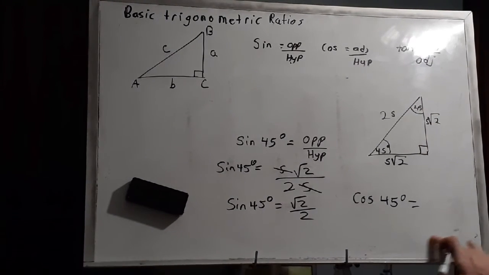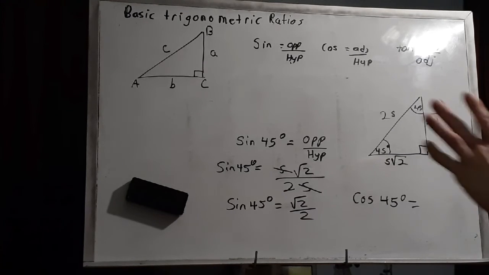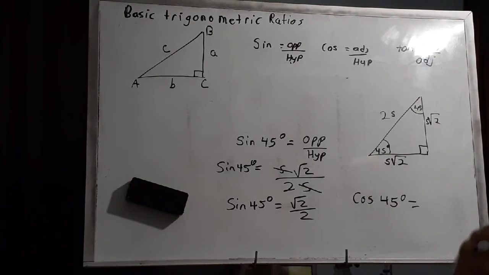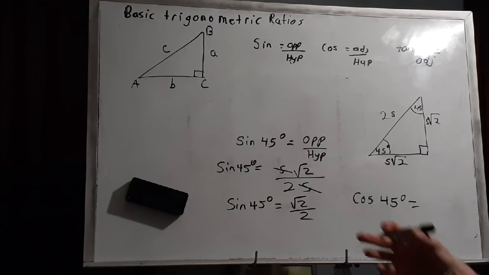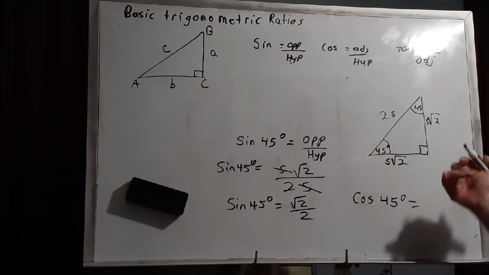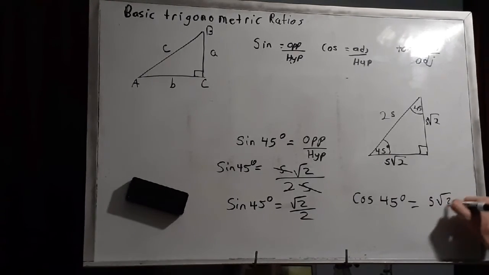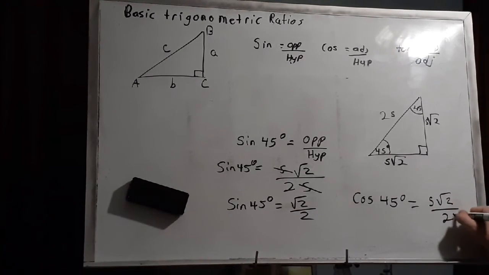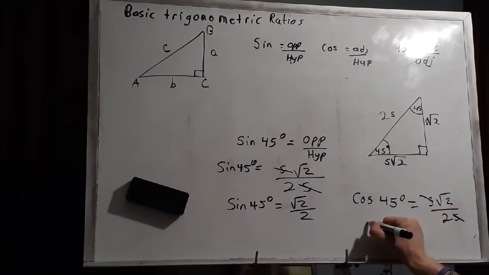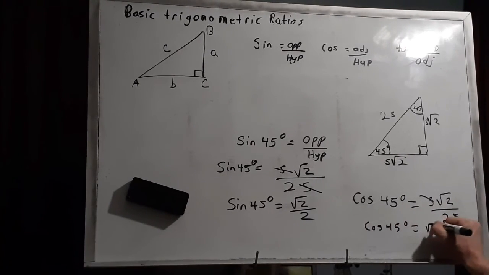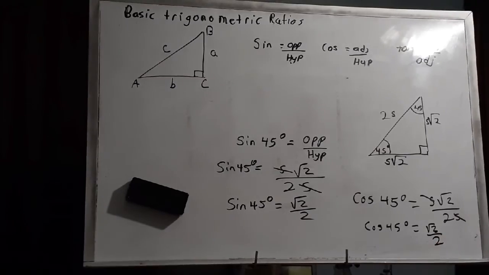In further trigonometry lessons, we'll see that there are special right triangles whose trigonometric functions you'll have to memorize because, like in the case of 45, 45, 90, the sine and the cosine are the same. Cosine is S times the square root of 2 over 2S. The variables cancel out, and that would be the cosine of 45 degrees, which equals the square root of 2 over 2. And that's it, okay?